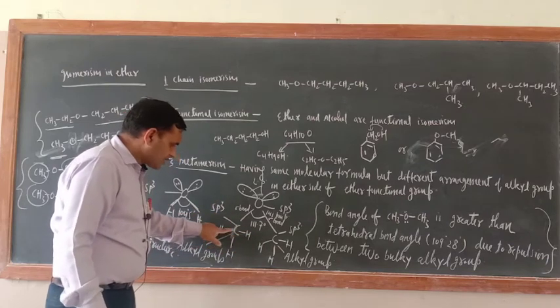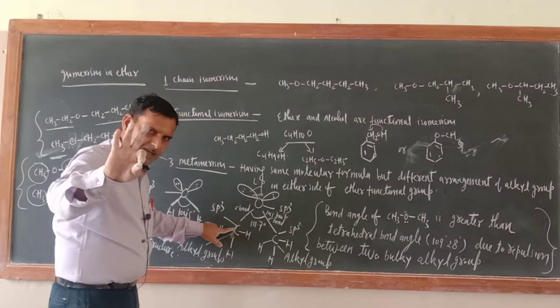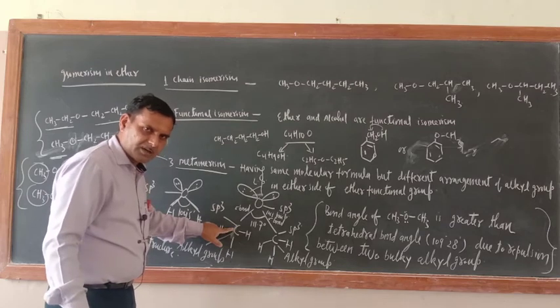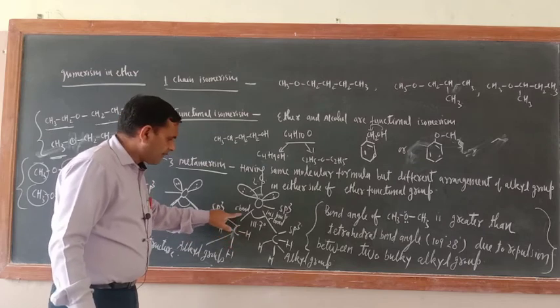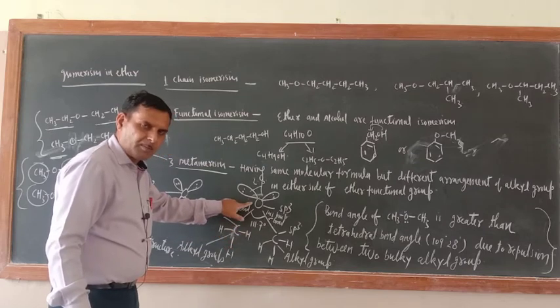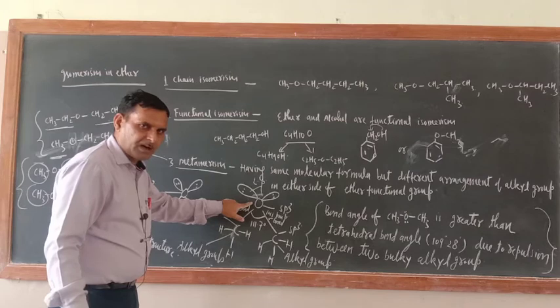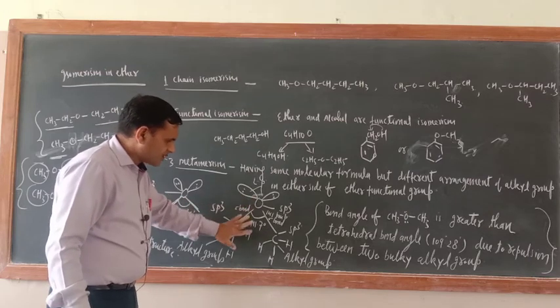Here also 4 sp3 hybridized orbitals are there in the carbon, so out of 4, 3 will make bonds with hydrogen and the 4th one will make a sigma bond with the sp3 hybridized orbital of oxygen. So this is the structure.